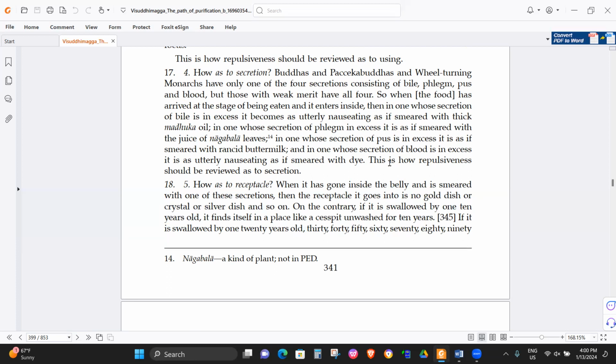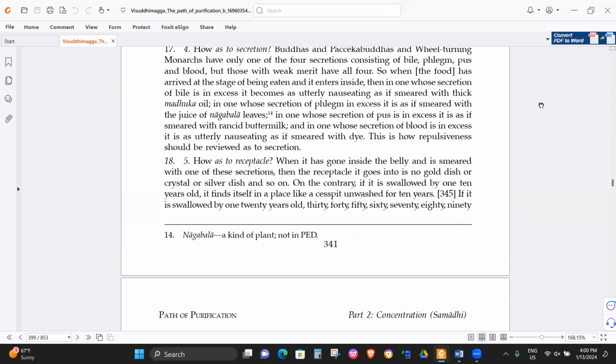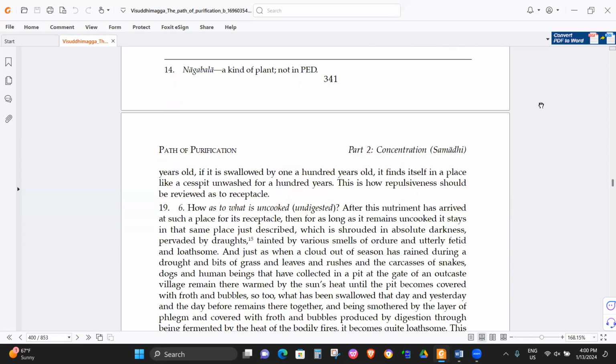On the contrary, if it is swallowed by one 10 years old, it finds itself in a place like a cesspit, unwashed for 10 years. If it is swallowed by one 20 years old, 30, 40, 50, 60, 70, 80, 90 years old. If it is swallowed by one 100 years old, it finds itself in a place like a cesspit unwashed for 100 years. This is how repulsiveness should be reviewed as to receptacle.